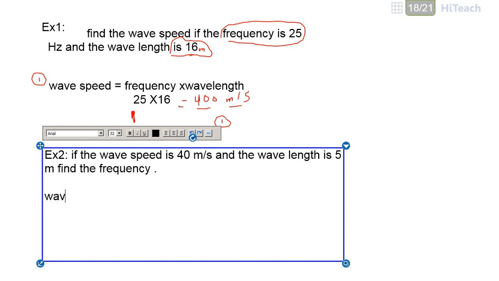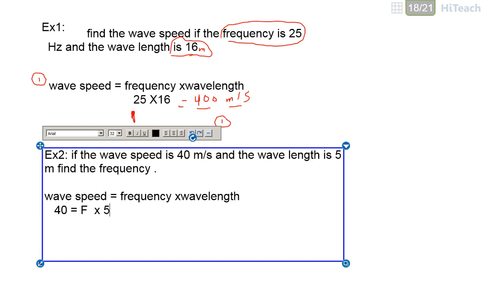As you know, wave speed equals frequency times wavelength. The wave speed is given, which is 40, equals the frequency, which is unknown, times the wavelength, which is given as 5.